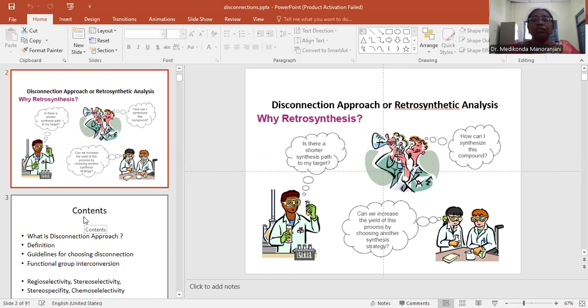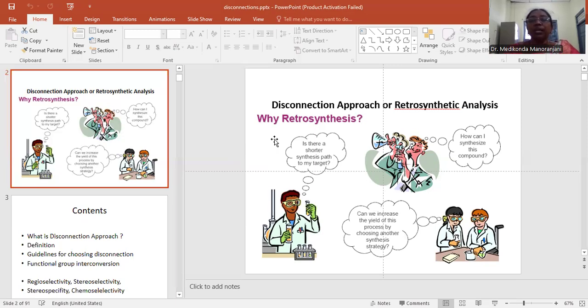So if we don't know the synthesis of an unknown compound, we just break it into small parts and then go to the smallest part and start the synthesis from it. Since we are breaking it into small particles and starting from that simplest particle, this is called retrosynthetic analysis or retrosynthetic approach.